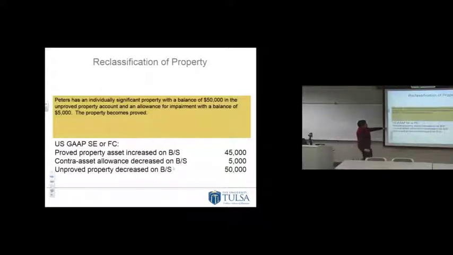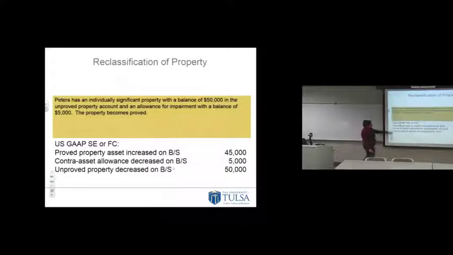So the proved property asset is increased on the balance sheet. Same whether successful efforts or full cost here. The proved property asset is increased by $45,000. Net unproved property is decreased by $45,000. And that's done through a decrease of unproved property of 50, but then a decrease to the contra asset, which reduces assets, right? I'm decreasing that contra asset on the balance sheet of 5.